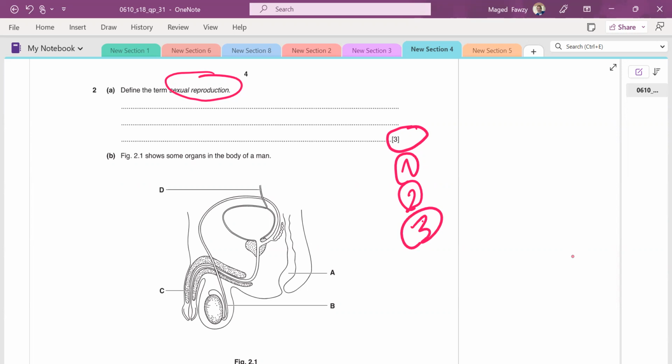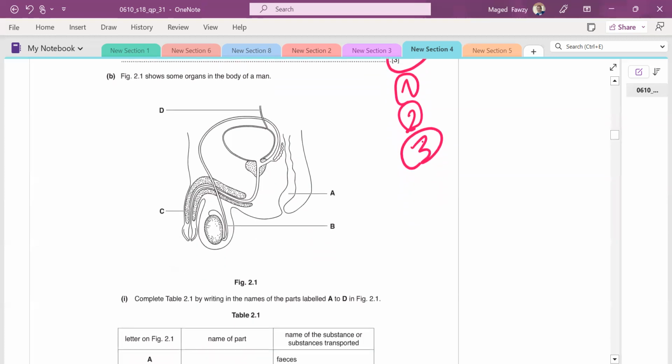So you can write your answer in that way. You should mention that this is a type of reproduction involving male gametes and female gametes. It involves two parents producing gametes to fuse together. And this type of reproduction, as you said, Hala, very valid point, produces genetically different offspring.